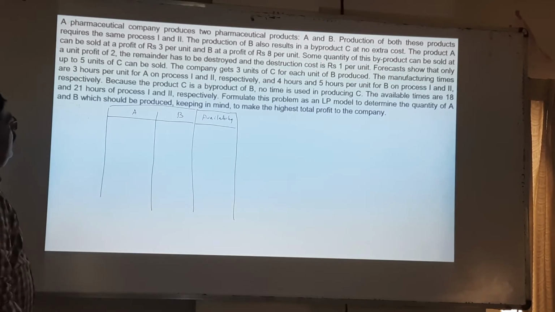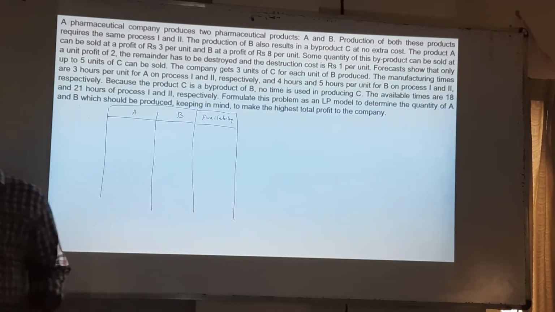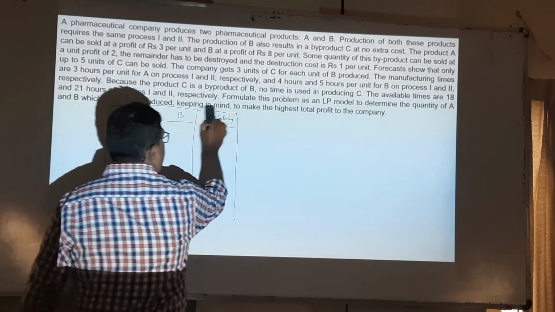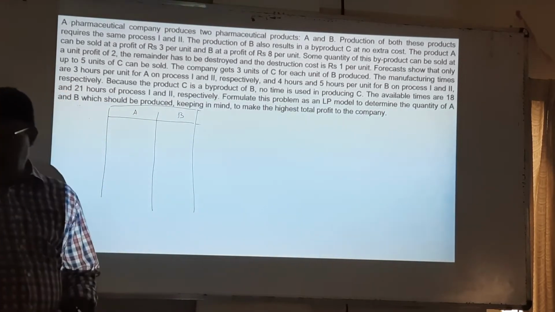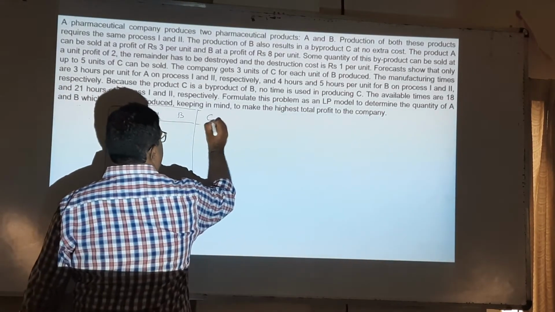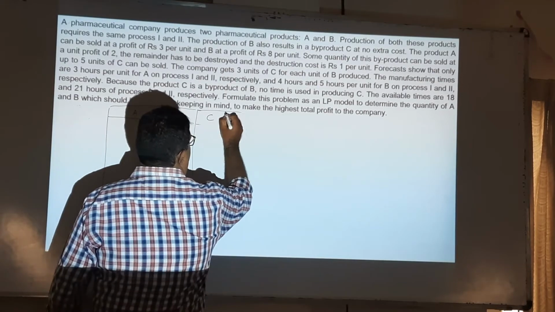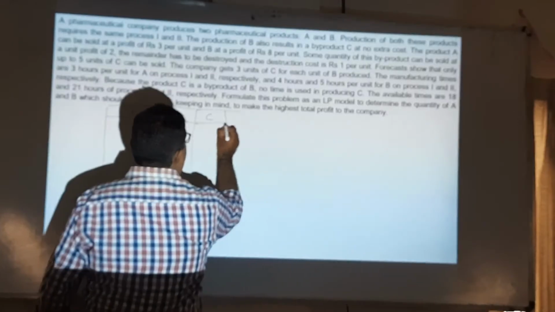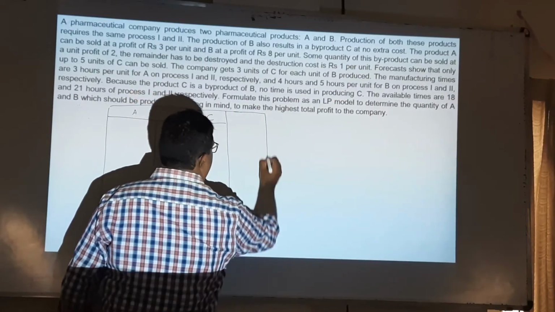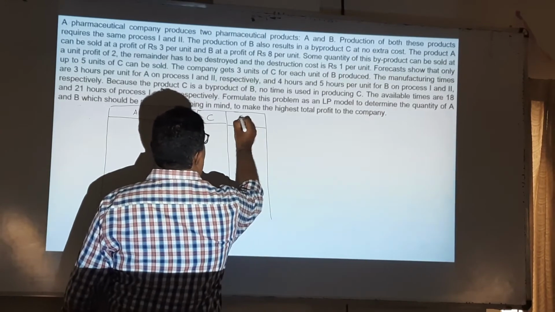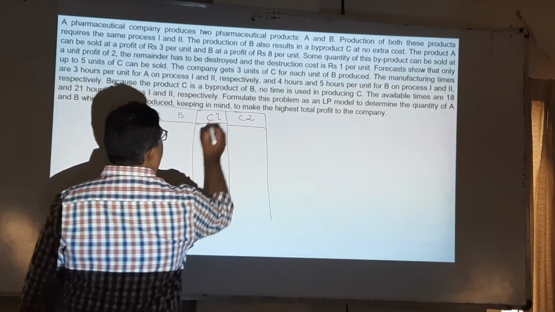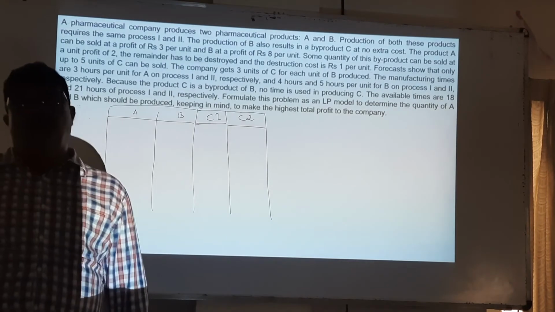We have C also, correct? We have 3 products. Here we have C, and this C can be sold and this C can be destroyed. So I am just giving it as C1 and C2.